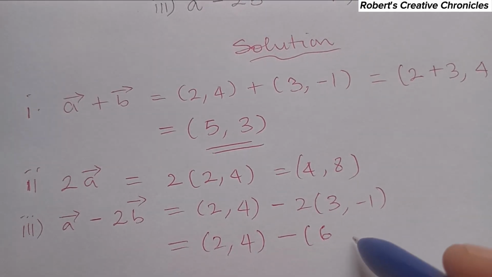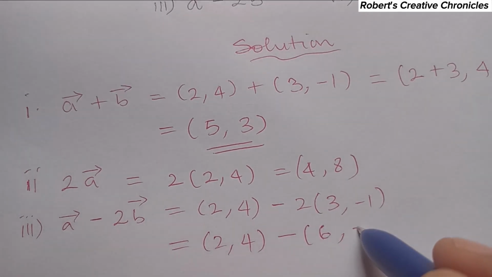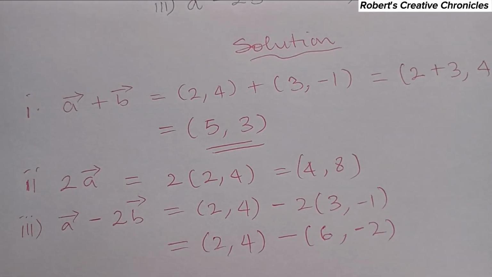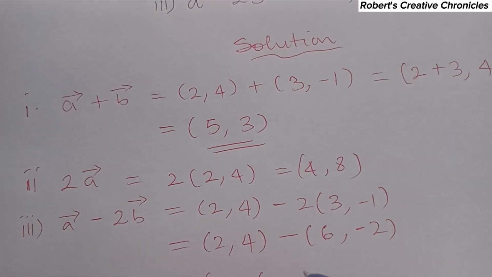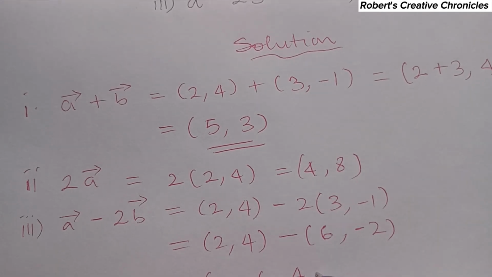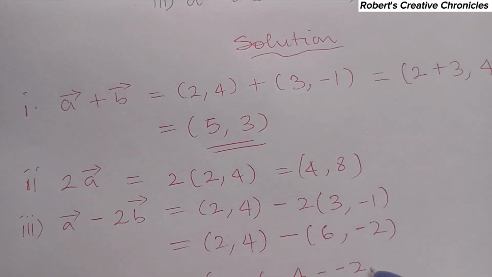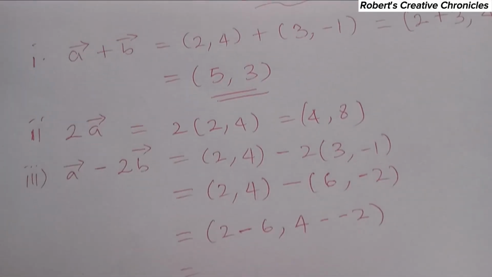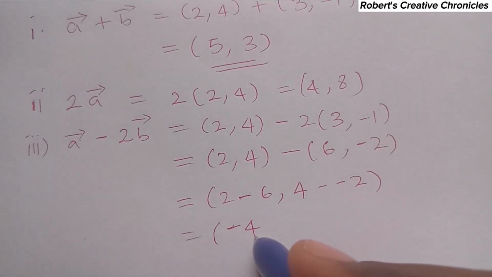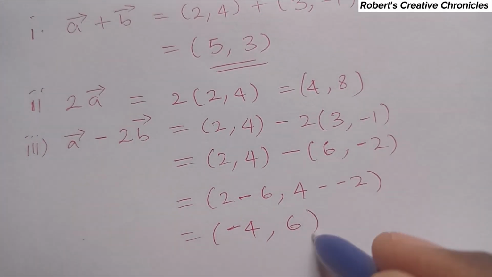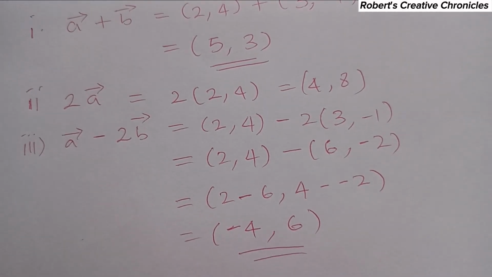Is 6. 2 times negative 1 is minus 2. This becomes 2 minus 6, comma, 4 minus 2. Then this becomes what? Negative 4 and 6. So this is the third one.